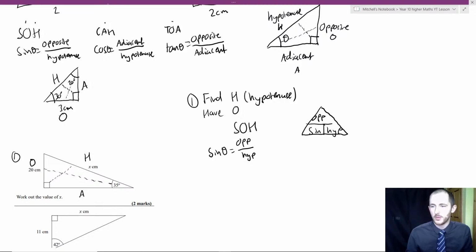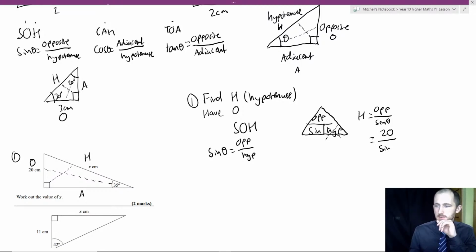Or what you can do is cover up the h part of this, and we get that h is equal to the opposite over sine of the angle. Again, you can just put your hand on your screen, cover that up, and you get opposite over sine. So that's going to be, the opposite side is 20 centimeters divided by sine, open bracket, 35. And all you do is enter that into your calculator.